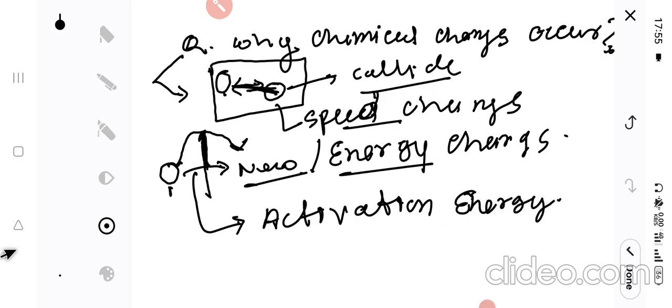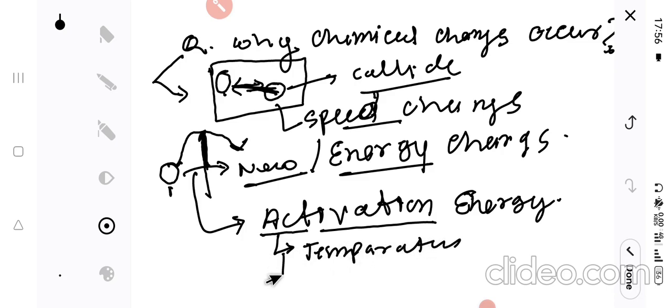This activation energy is different for different types of reaction, and it depends upon the nature of the substrate, the nature of the reactant, and temperature. The second most important factor is the presence of a catalyst. So these two factors are very important for activation energy. Clear?